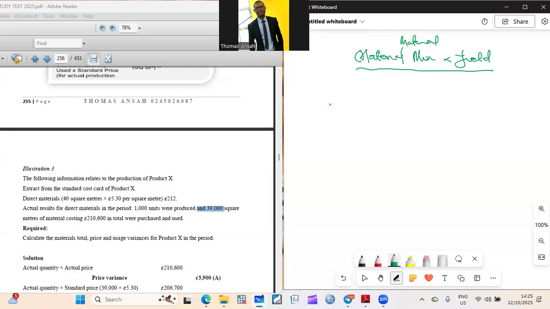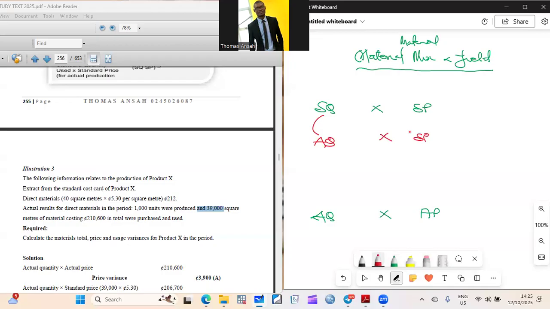So the same formula, we said from basic, it is SQ times SP, and the actual is AQ multiplied by AP. But like we said, material mix and yield come from usage variance, so we will not be interested in actual prices. All we said was that you will change this one to AQ and still maintain the SP.